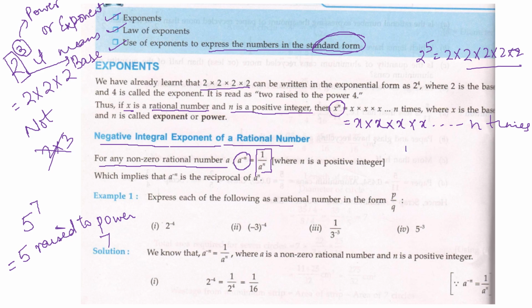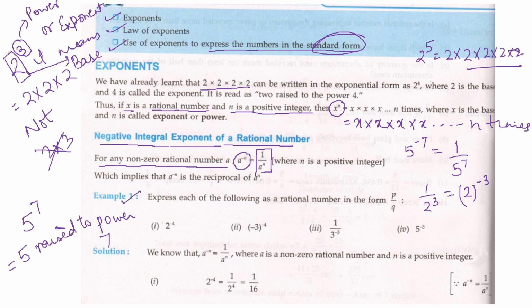So if I write 5 to the power minus 7, it means it is equal to 1 by 5 to the power 7. Clear? And if I write 1 by 2 to the power 3 in negative integral exponent, it will be written as 2 to the power minus 3. Getting the concept? That's what they are telling here.